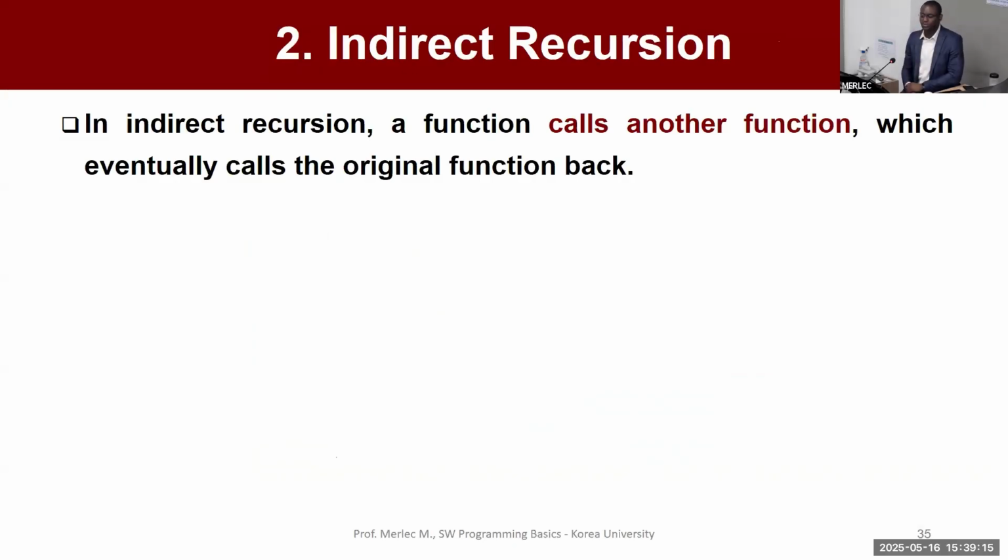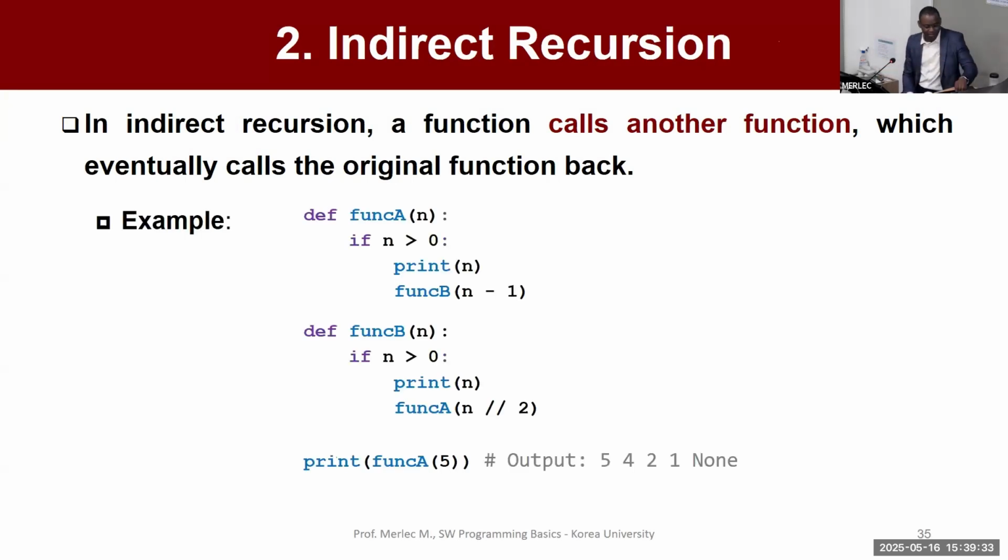On the other side, we have another type of recursion, which is indirect recursion. It is the case where a function calls another function, which eventually calls the original function back. Like you have a function a, which has a parameter n, and the base case checks whether n is greater than 0.